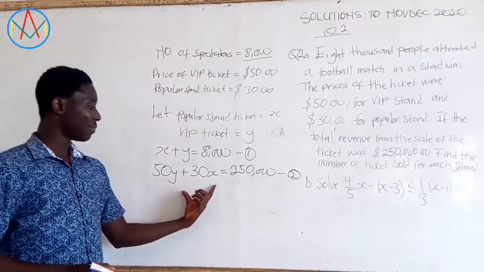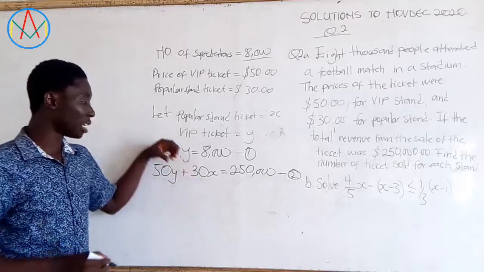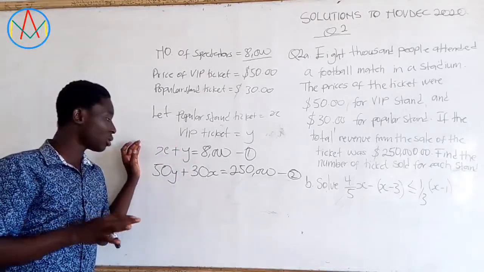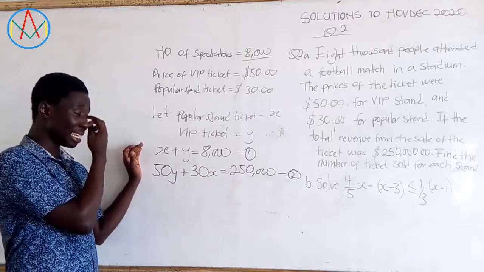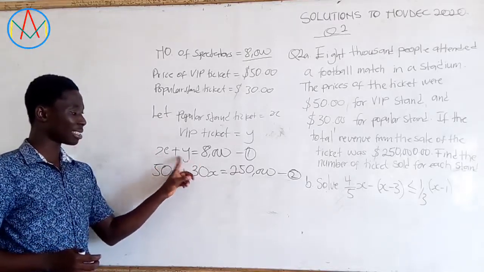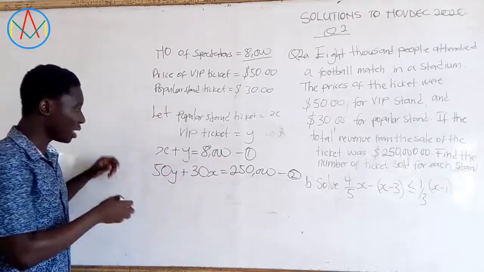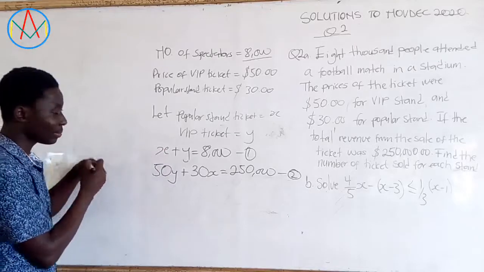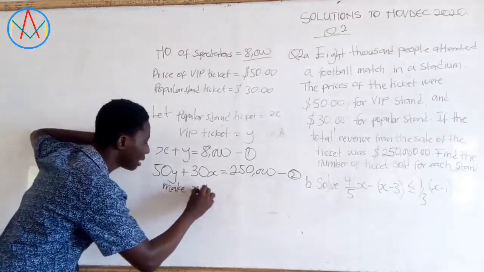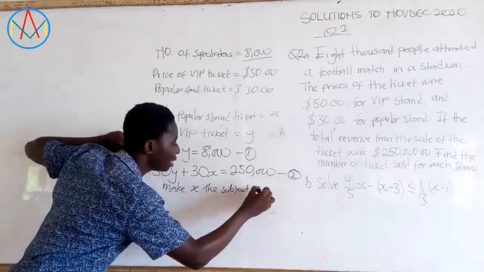Now, we are having simultaneous equations in two variables. This one we can solve using either the method of elimination or substitution. And in this case, I'm going to use substitution because, looking at how X and Y are here, we can easily make one the subject. So let me make X the subject in equation 1.